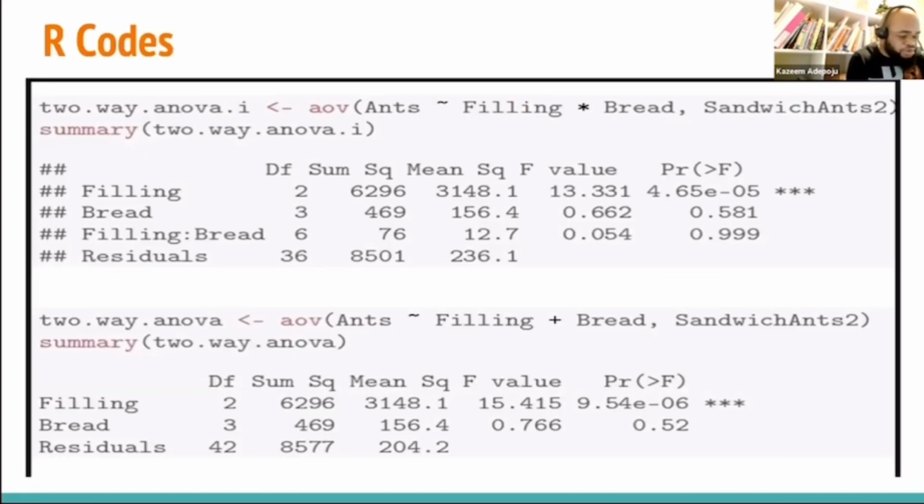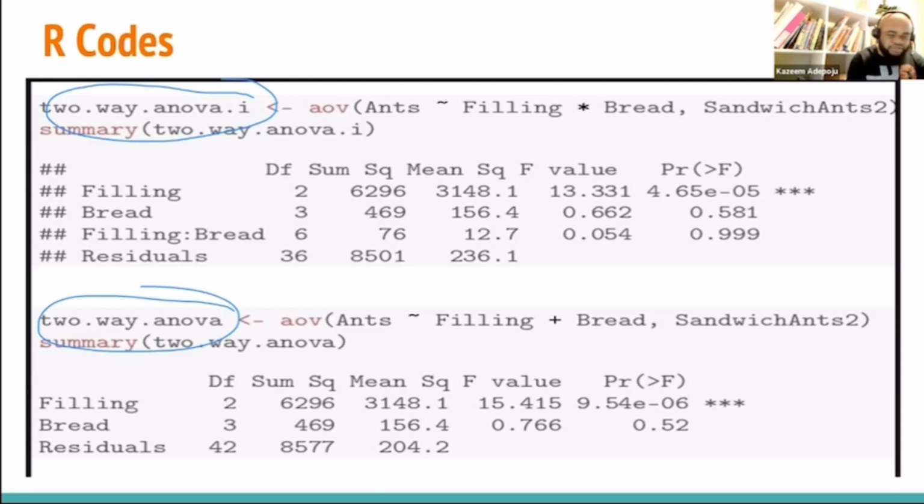Now let's look at the R code. What is the implication of that? I want to take a look at the first one here. The two R outputs here are basically a two-way ANOVA with interaction and a two-way ANOVA without interaction. You remember the example I used in class, the sandwich data, where we look at the effect of type of sandwiches and types of bread on ants.